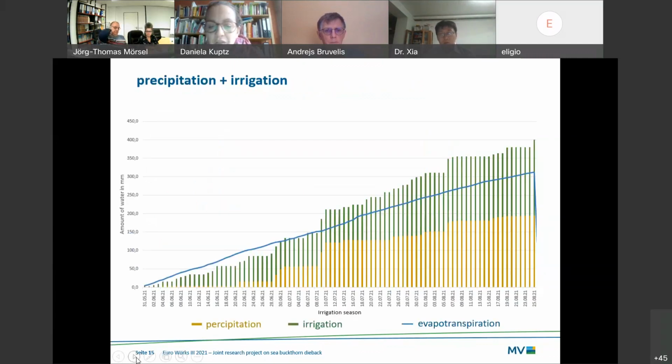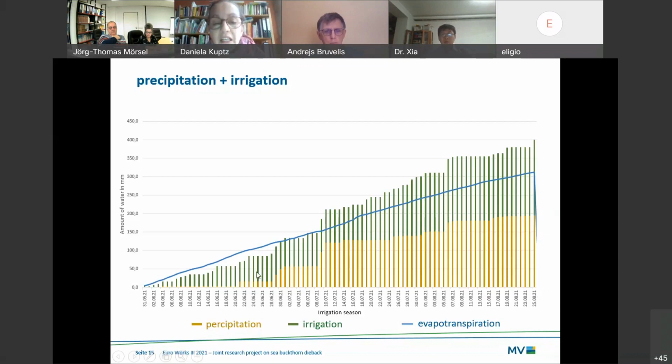This picture shows the rainfall. The yellow columns are the rainfall. And I added as well the irrigation, so the water we gave into the field. It shows the period of watering. It begins at the end of May and it ends at the end of August.